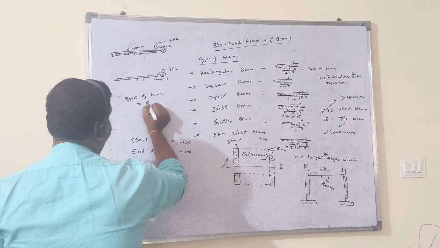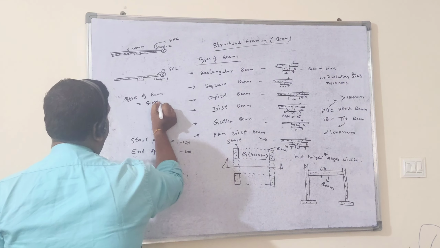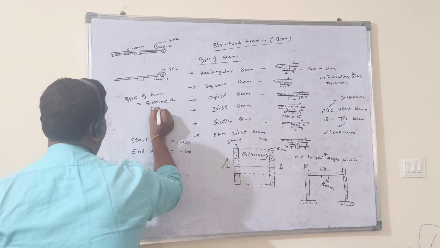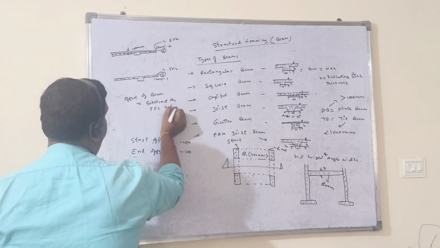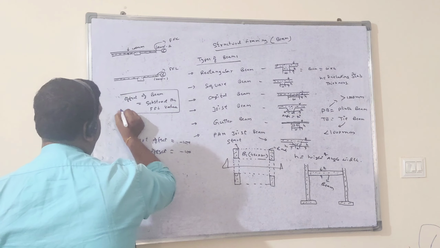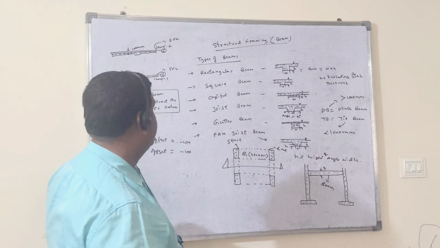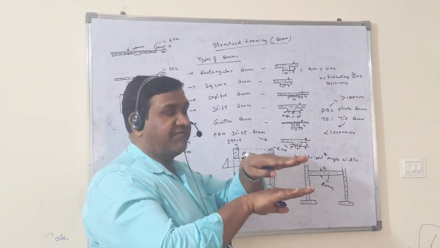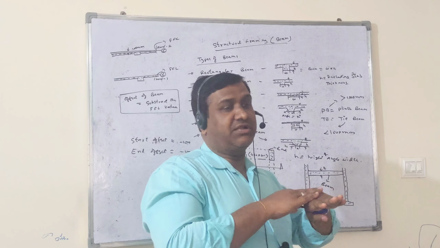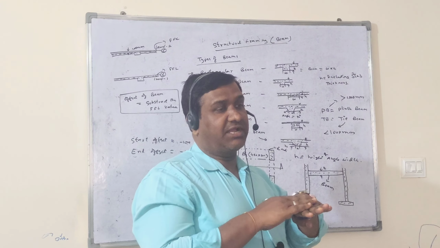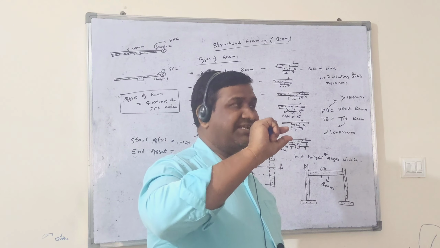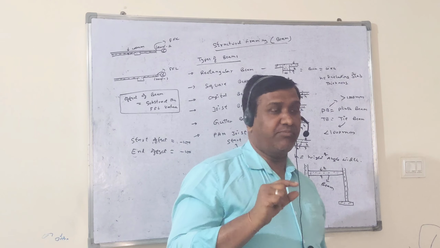step 2, subtract the FFL value. So whatever the FFL value is, you have to subtract it, because exactly at the FFL the beam will not come; the beam will be below the FFL, the finished floor level, because of the tiles or marble stones which you are going to place.